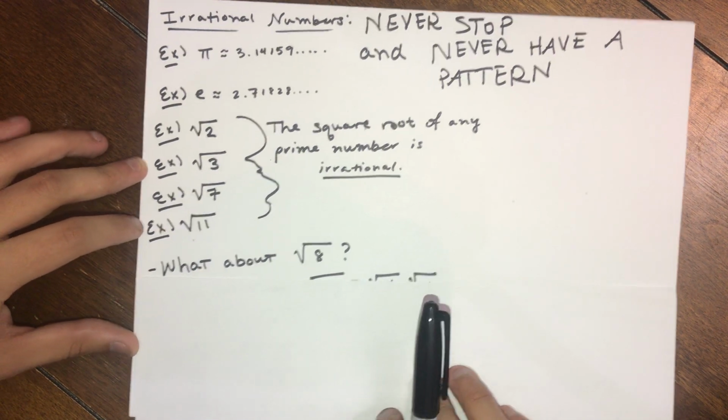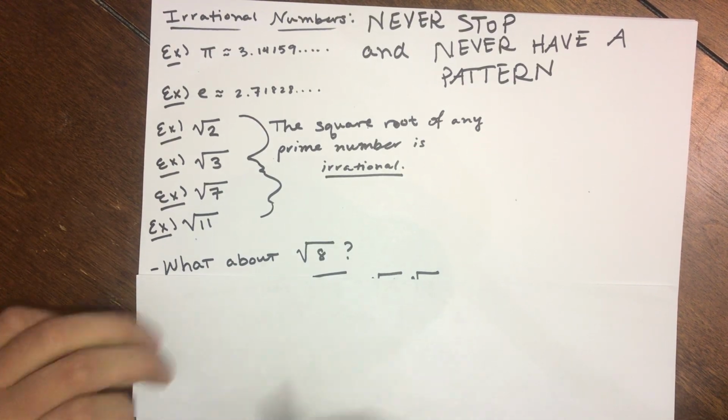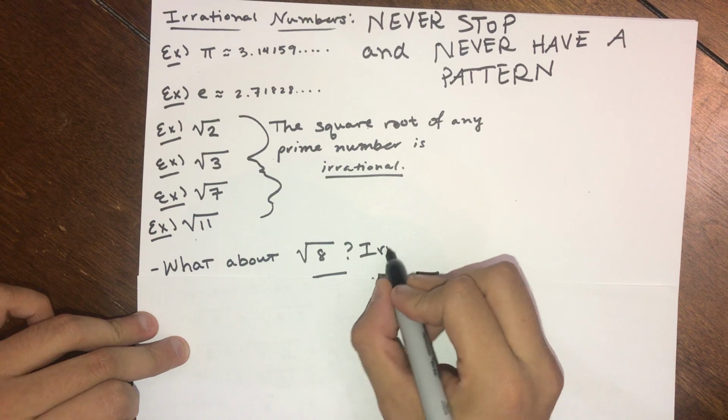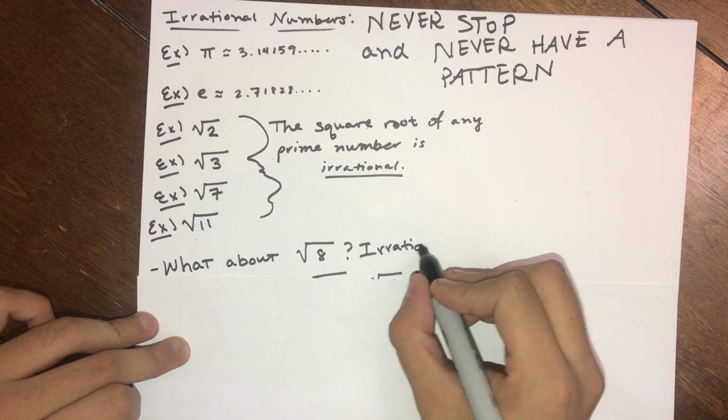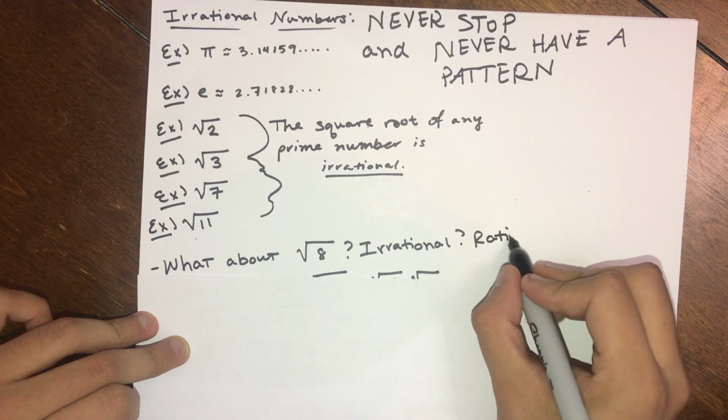But remember, we looked at numbers like the square root of 8. Is the square root of 8 irrational, or is it rational? Which one?